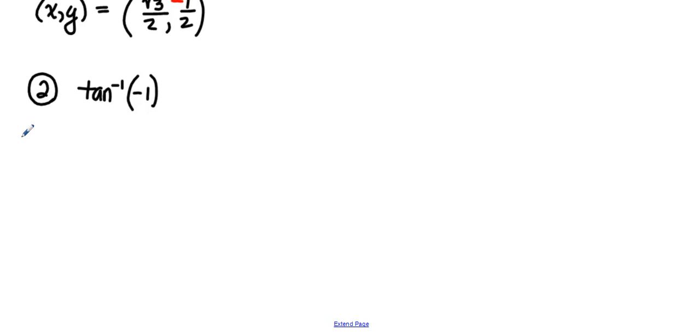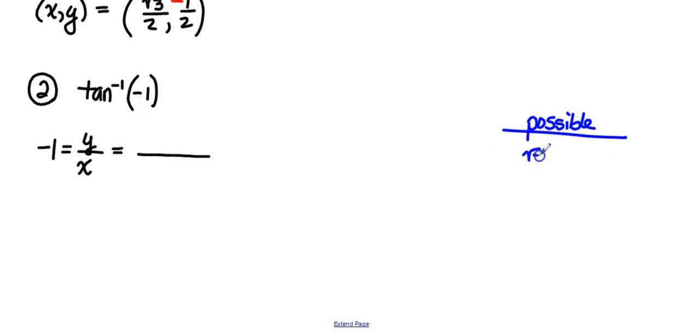So if I'm working with inverse tan, I know that the value I'm given comes from a ratio of the y side length divided by the x side length. So if that's what you needed to help you get started, press pause and try finishing it on your own. My possible side lengths are √2/2, a half, and √3/2.